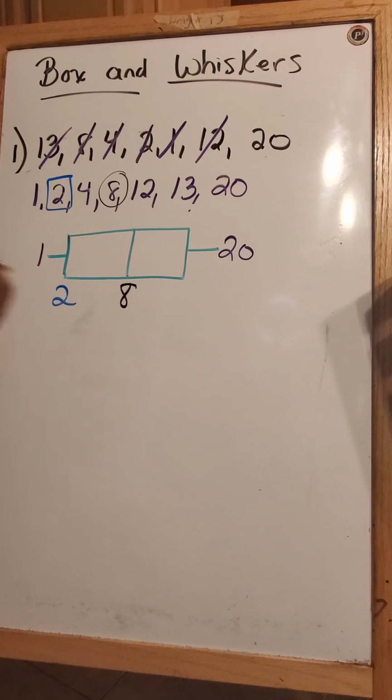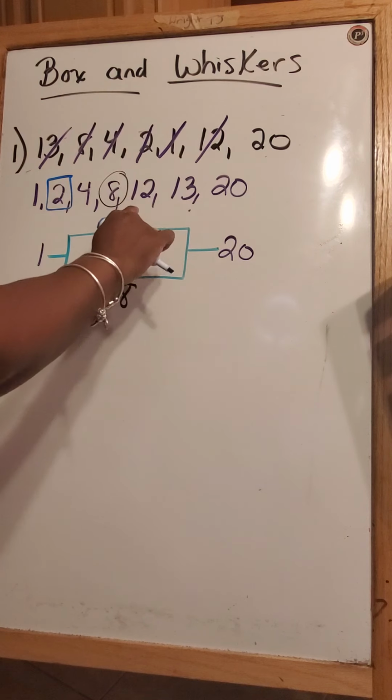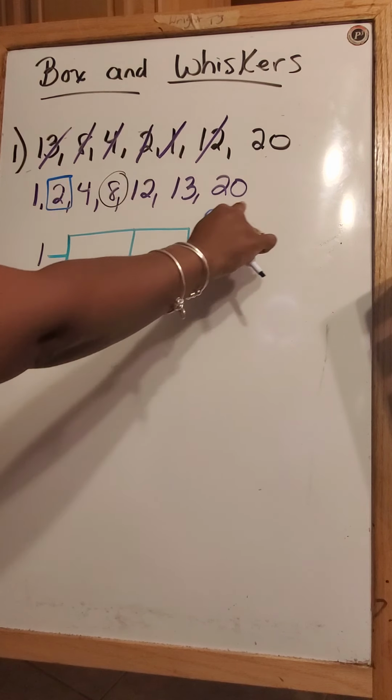So 2 is your Q2. Then you do the same thing for Q4. What is your number in the middle over here? Well, we only have 3 numbers, so obviously 13 is in your middle. So 13 is your Q4. These 5 numbers make up your 5 number summary. Okay?